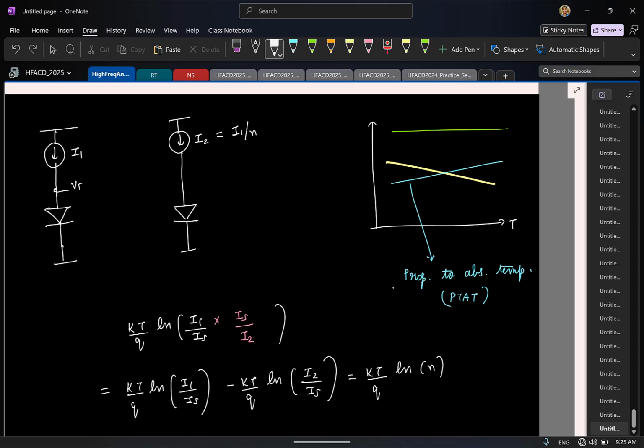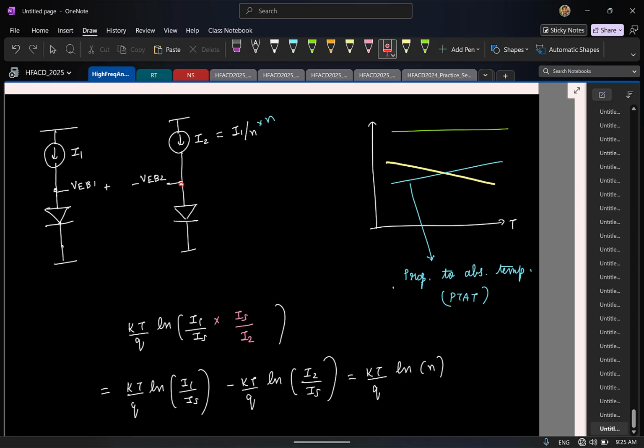We call this VEB1, VEB2, and I'm now trying to take the difference. So now typically, as you know, it is easier to actually copy and mirror currents. So let us say I don't want this to be I1 by N. I want to scale it to I1, right? So I'm putting N copies of this current source in parallel, and I make it equal to I1.